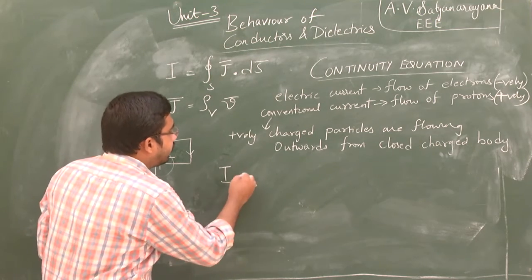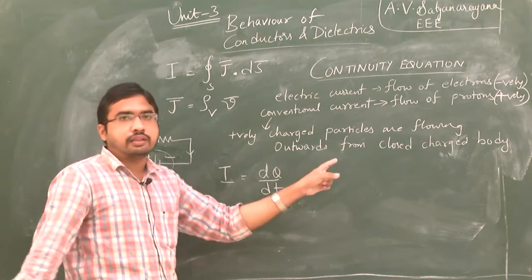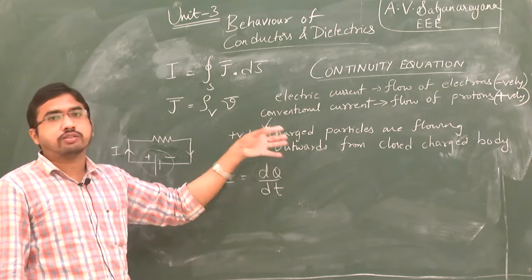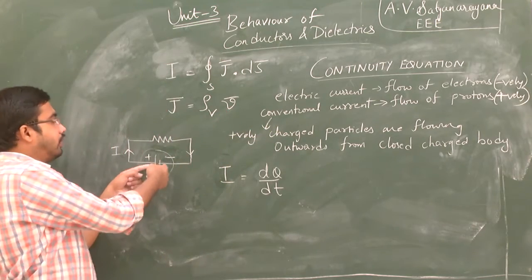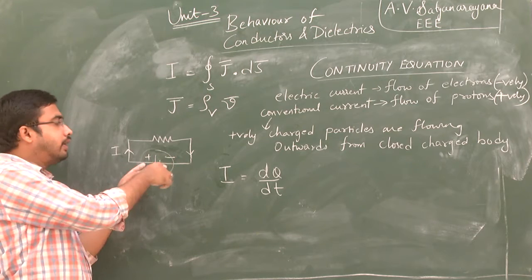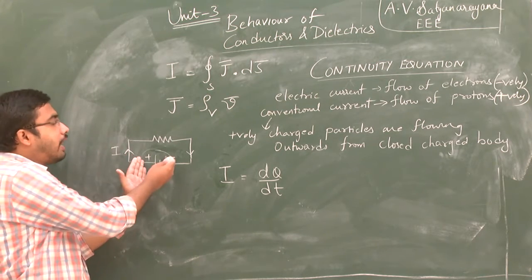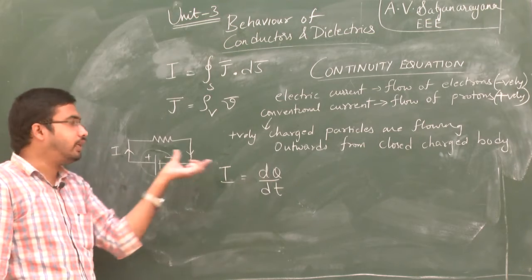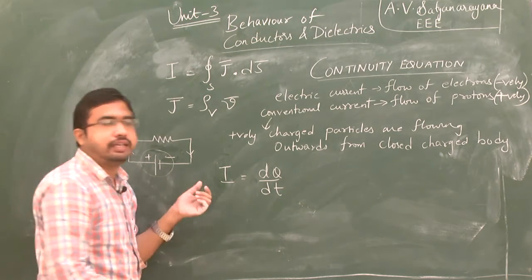Current is actually given as dq by dt. But here, as the positively charged particles are going outwards, if you consider this as a positively charged body, closed surface, then it is giving away the positively charged particles. Then what will happen to the rate dq by dt for this source or charged body? That rate will decrease.